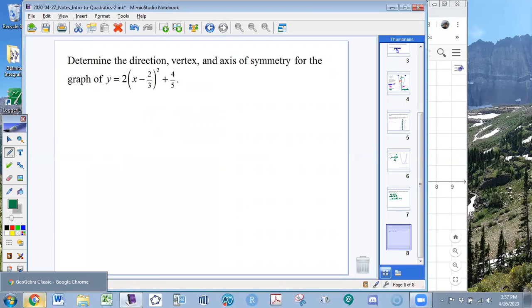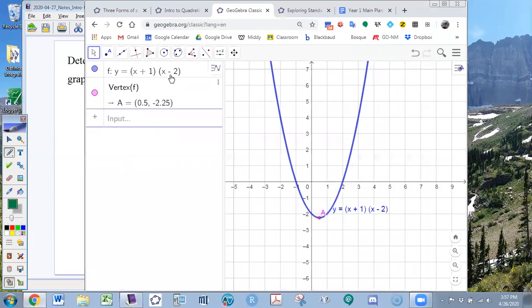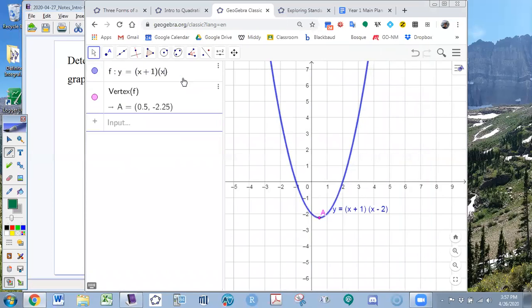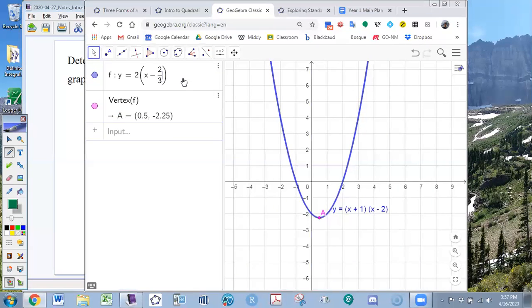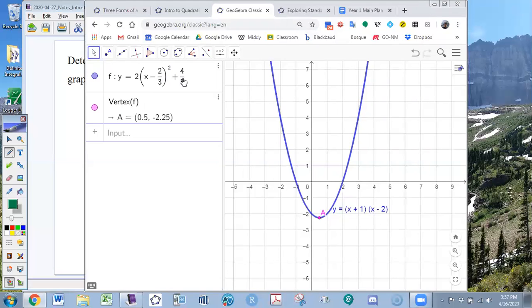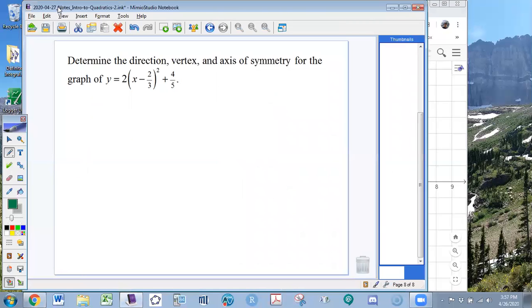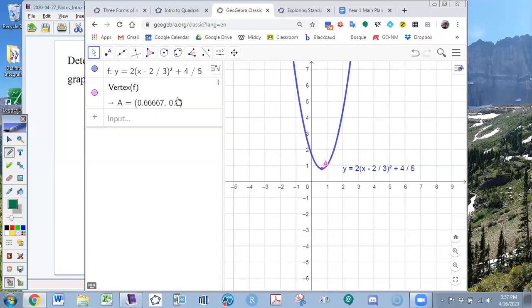Let's go take a look at this, minus 2/3 and plus 4/5. 2 times x minus 2/3 quantity squared plus 4/5. All right, so here we go. It's got it graphed there.